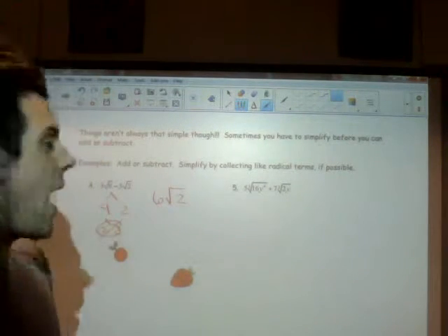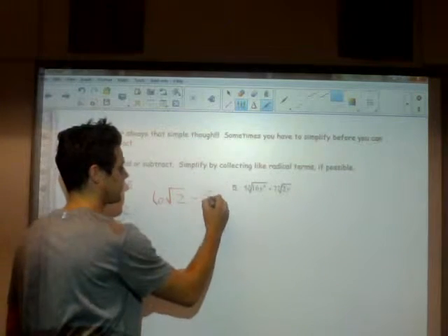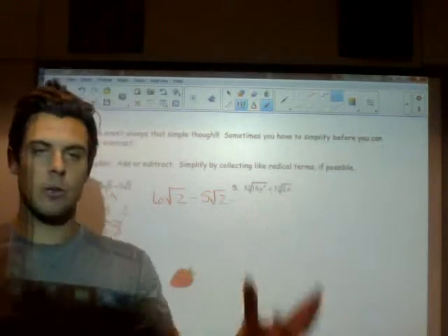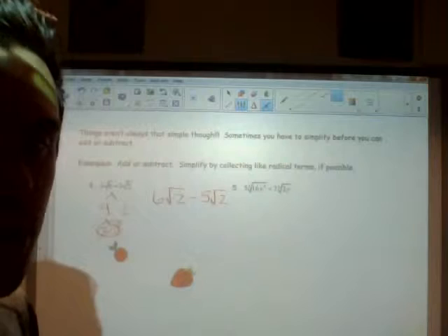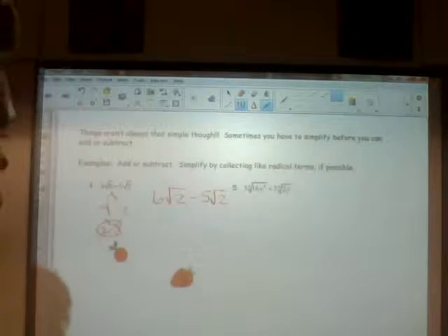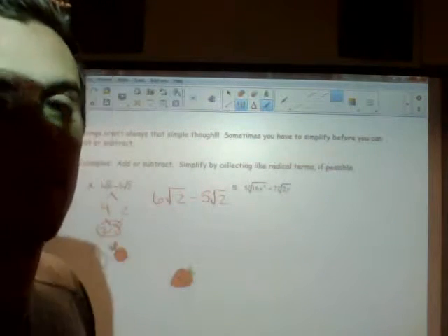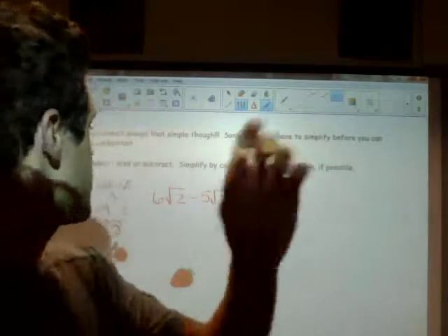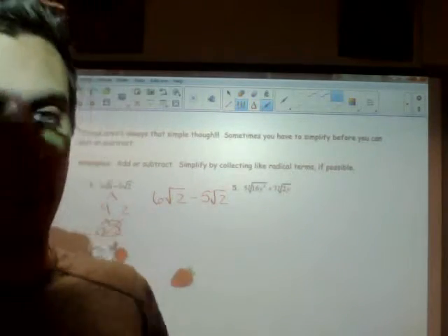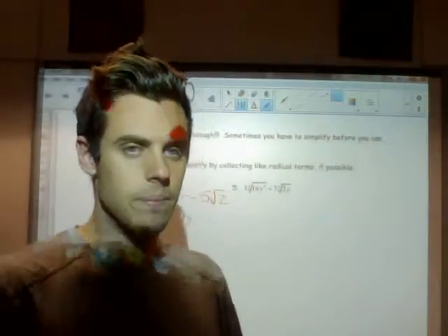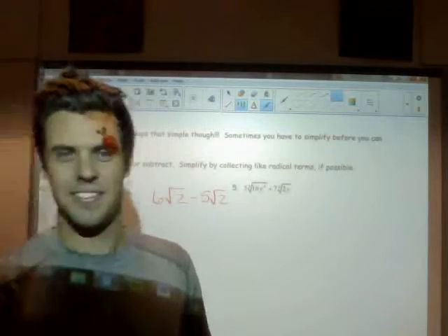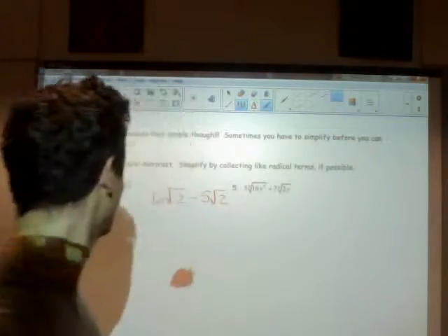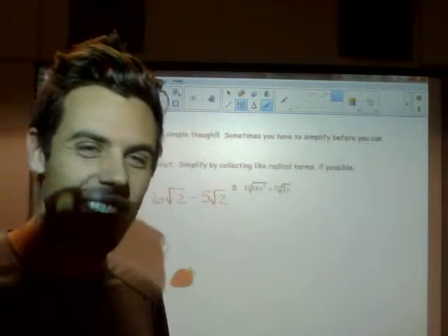6 root 2's minus the 5 root 2's from the beginning of the problem. I just simplified the first one. 3 root 8 is the same as 6 root 2. Now you got 6 root 2's minus 5 root 2's.